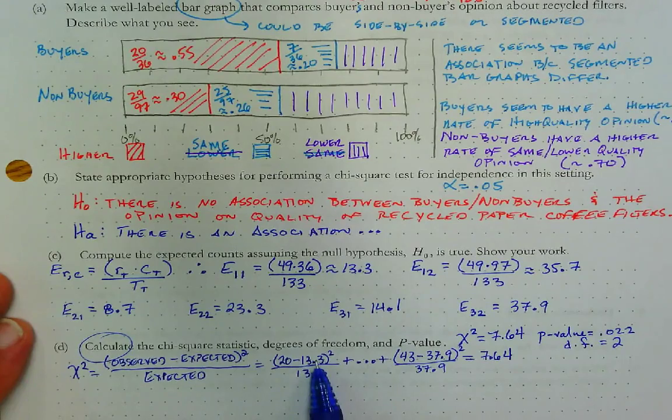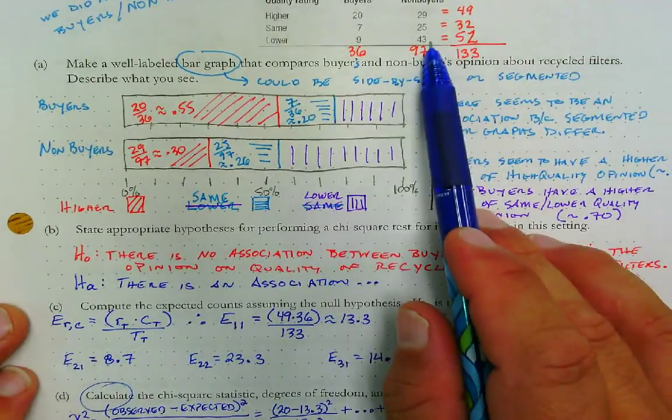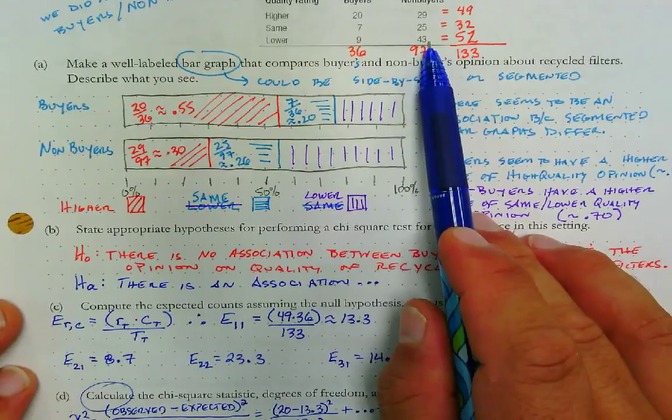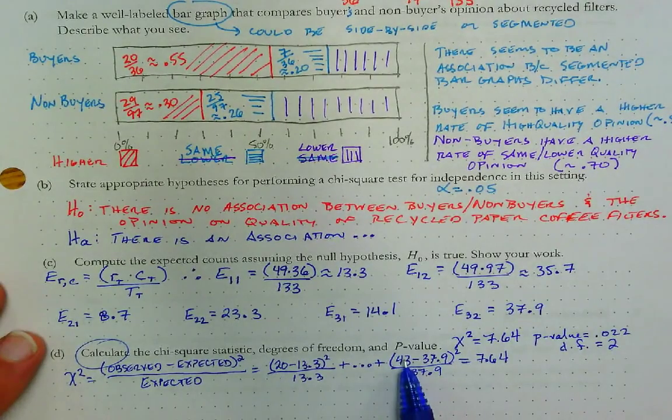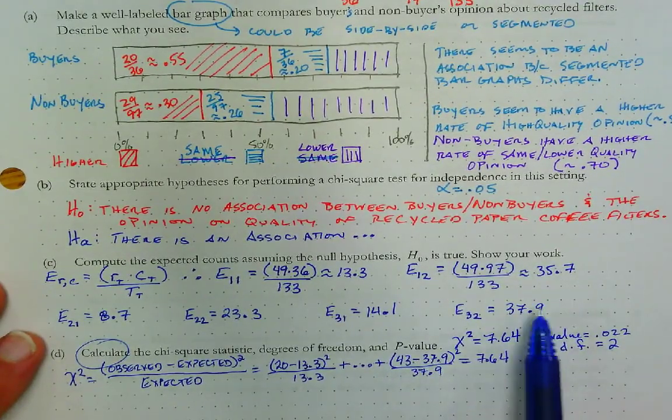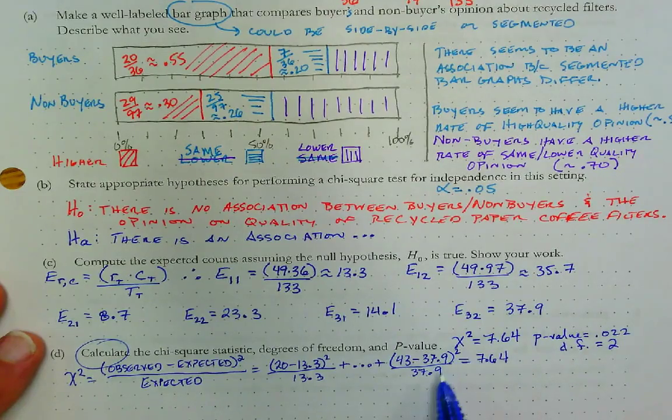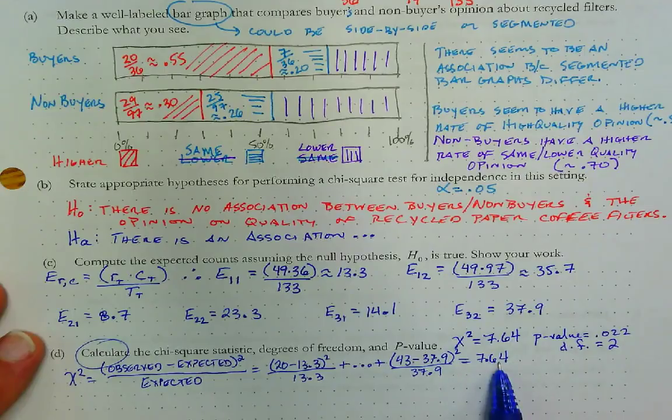What was my expected value? 13.3. Observed minus expected, quantity squared, all over 13.3. And what about my last one? Observed, 43, row 3, column 2. So observed minus expected, quantity squared, all over expected. And if I add those all up, that's the 7.64.